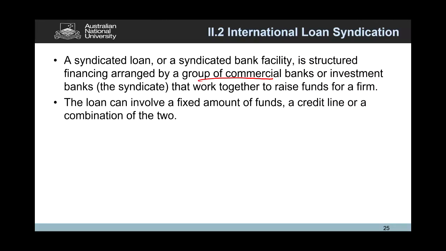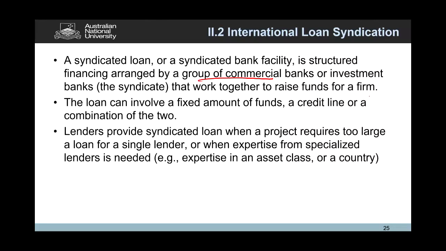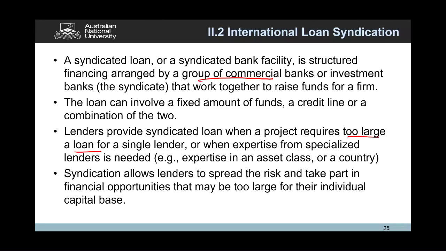Lenders provide syndicated loans when a project requires too large a loan for a single lender, when the expertise from specialized lenders is needed, right? So sometimes you can have specific investment bankers that are specialized in, say, euro credits, or they're specializing in forward rate agreements and so on. And so they can just come together and syndicate a loan together.